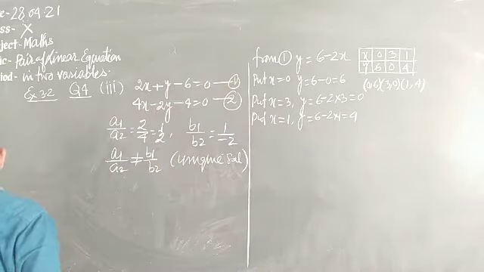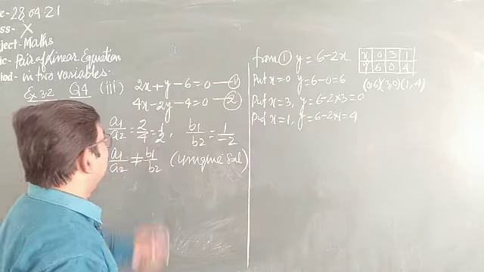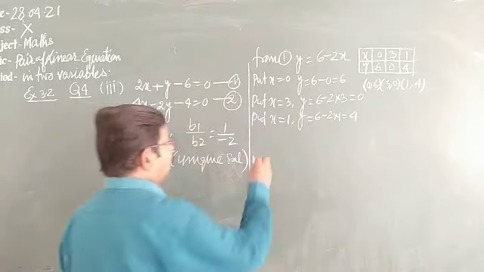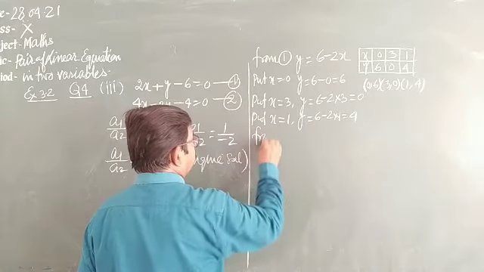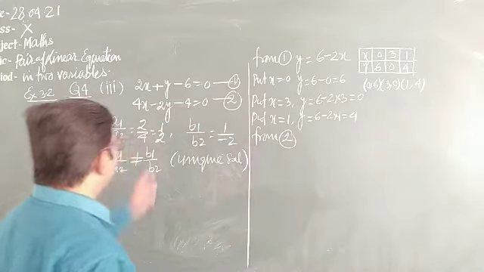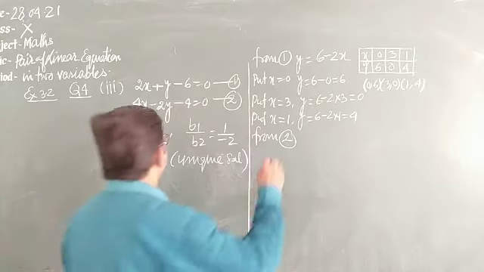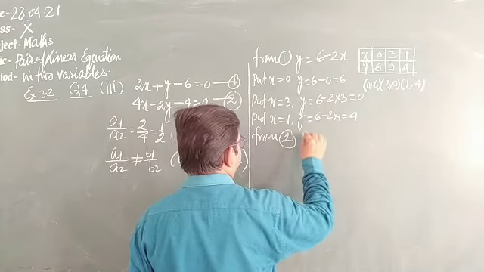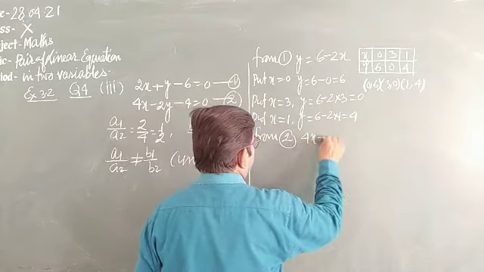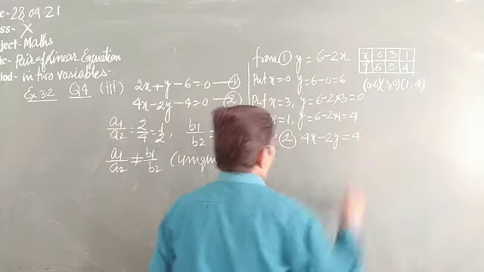Similarly, for equation number 2, find the value of one of the variables. From equation 2, we have to write first: 4x minus 2y is equal to 4.